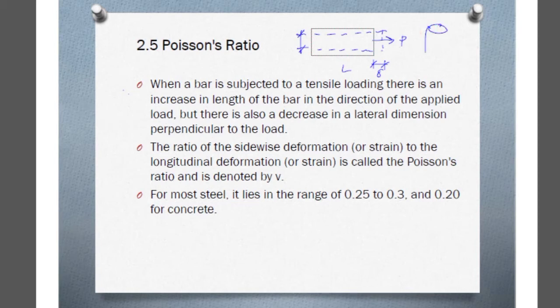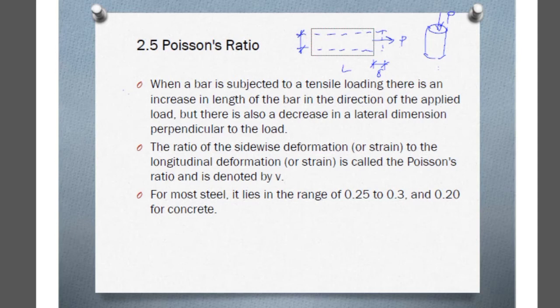Kung i-consider natin yung cylinder and we apply a perpendicular load P, so what will happen is this body will shorten and the diameter would increase. So pasimplihin natin yung mga bagay-bagay. Pag inunat, so hahaba pero liliit. And kapag kinompress, siya ay iiksi pero lalaki.